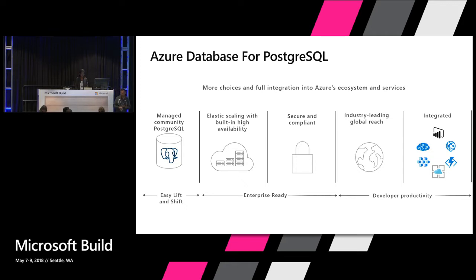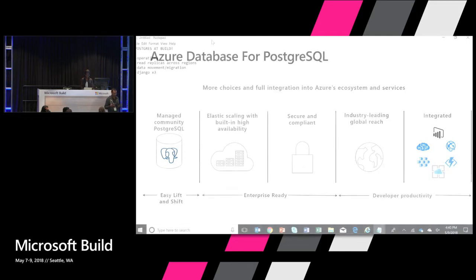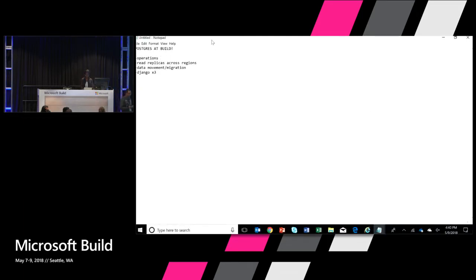If you run Postgres on Azure VMs, you have to set up 2 instances and replication, because everybody needs HA. Or on Google Cloud or AWS, you have to set up multiple instances and replication to get an availability SLA. With our service, you don't need to do that.